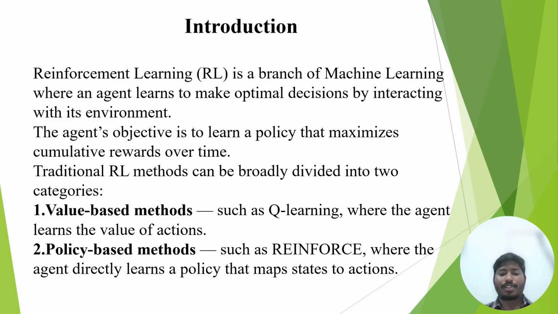In policy-based methods, such as REINFORCE, the agent directly learns a mapping from states to actions. But both have drawbacks. Value-based methods struggle in continuous action spaces, while policy-based methods can have high variance.